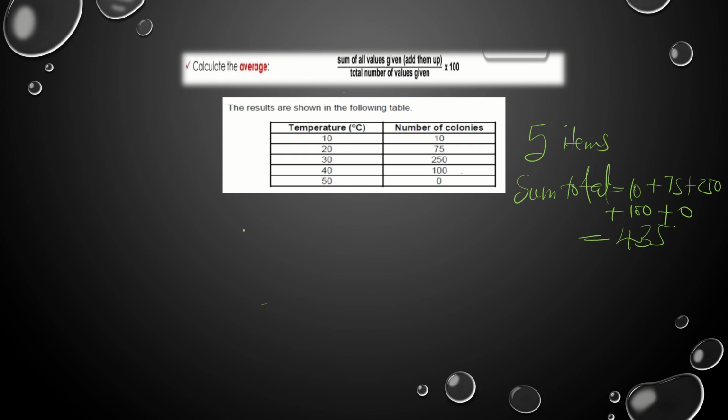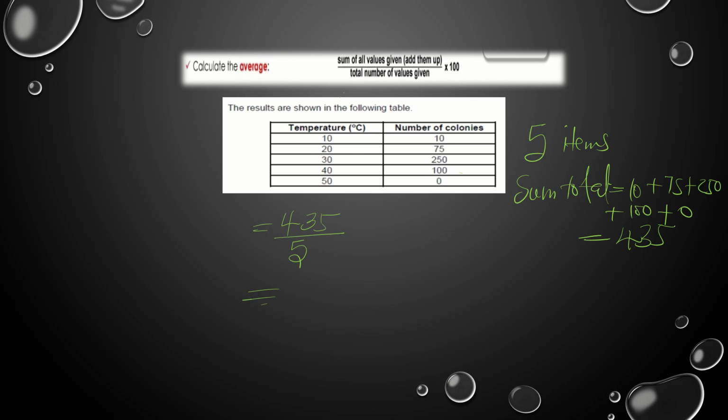I'm going to make an analogy in a classroom, how maybe you get your grade averages and so on. But let's just finish this. They say calculate the average number of colonies. Then you're going to say 435 divided by 5.